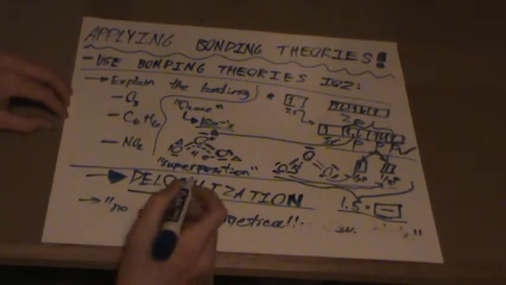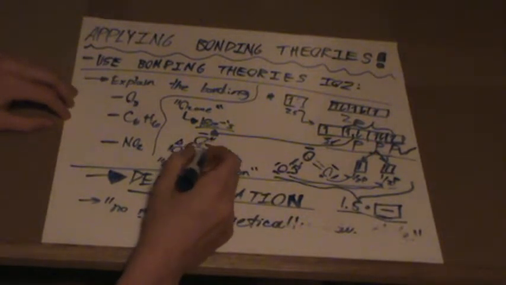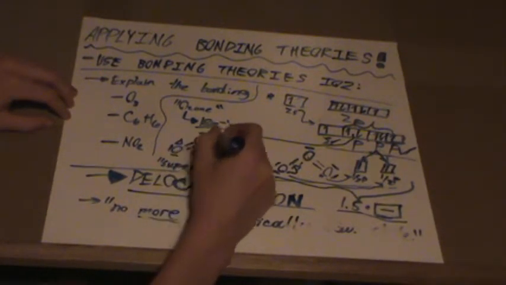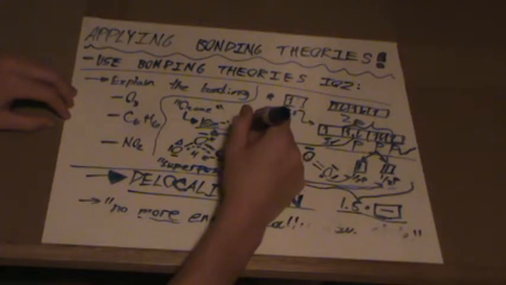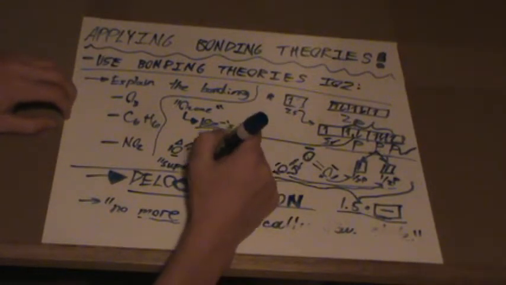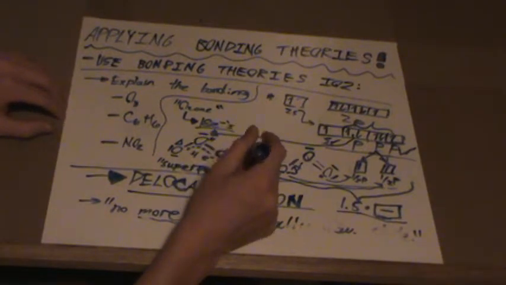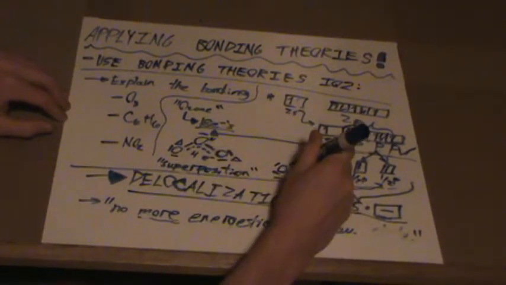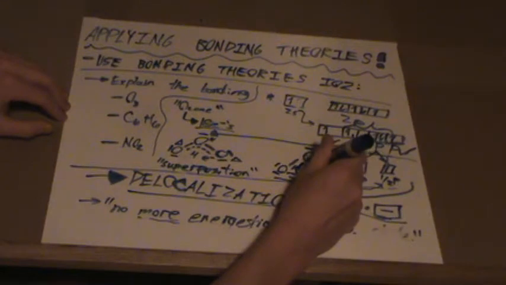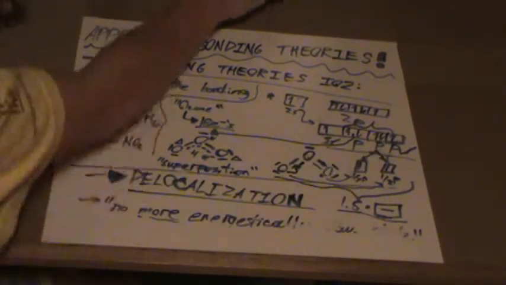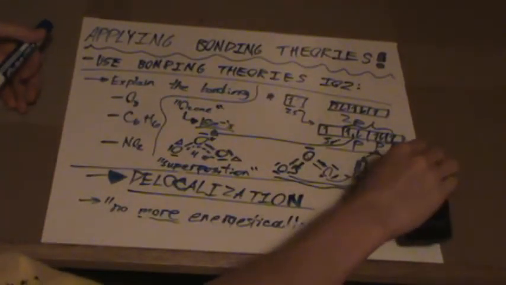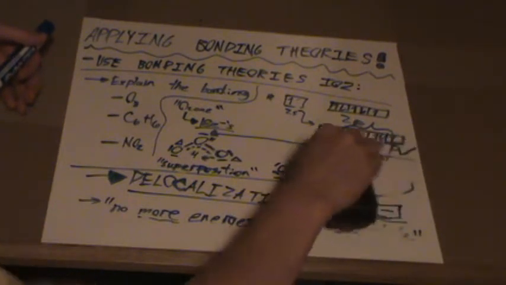But what can happen is that these electrons can pool together, and as I've said so many times, they form this superposition where these electrons are between the 2 extreme states of being completely double bonded here or completely double bonded here. And what this creates is the idea of the delocalization.